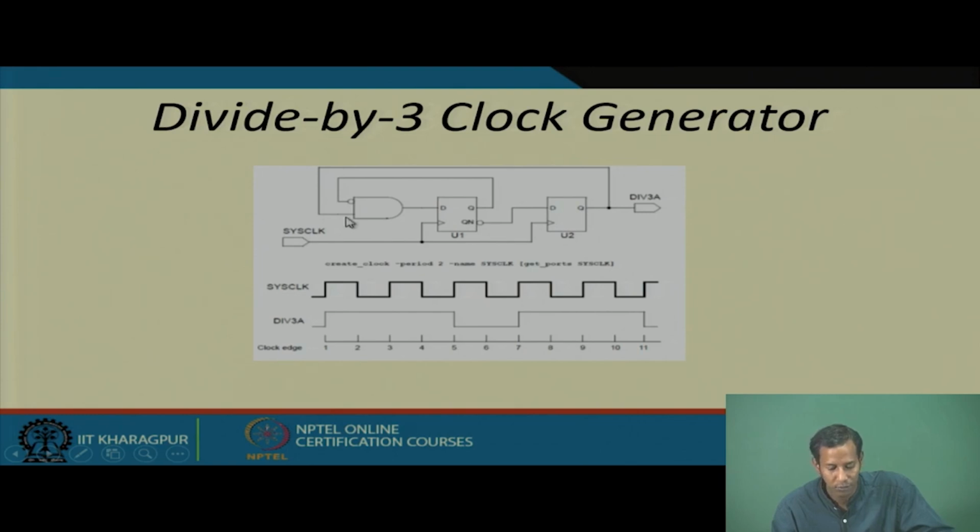The 0 will come over here and as this is 1, this will also be 0. After that, at this particular edge it will consider this, and at this edge it will come down to 0.